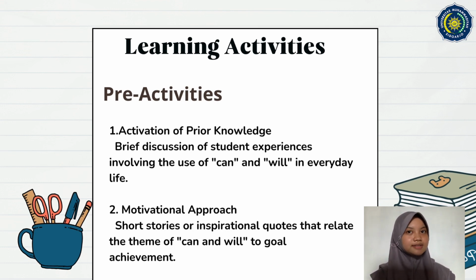Inside the 3 steps, there are pre-activities, main activities, and closing activities. Pre-activities. In pre-activities, the first step is activation of prior knowledge: brief discussion of student experiences involving the use of can and will in everyday life.